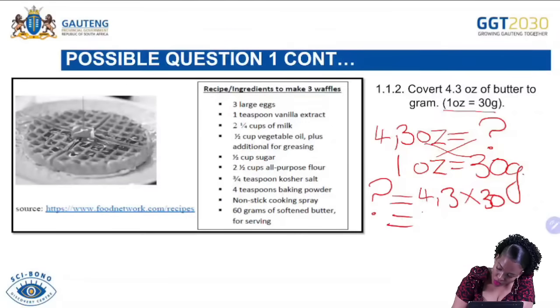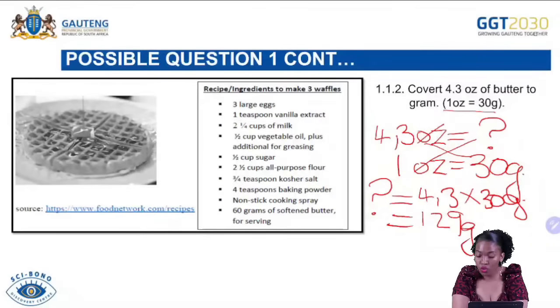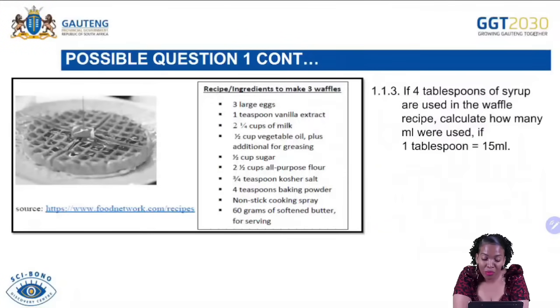The answer would be 129. Look here, the ounce and the ounce, they cancel. So here, because it was grams, it means the answer would be 129 grams. I hope you guys are also getting the same answer there, because I might make some errors as I'm doing my calculations. So I'm expecting you guys to also be busy over there with your calculators so that you are able to track if I'm giving you the correct answers or not.